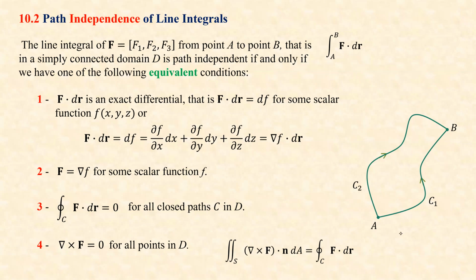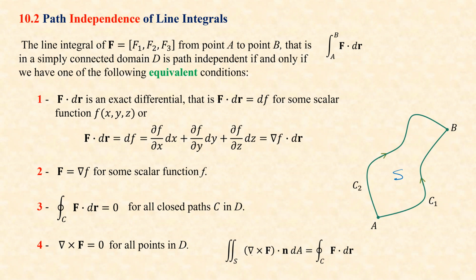It says that the integral of the normal component of the curl of f integrated over the surface S is the same as the line integral over the path that is the boundary of this S. This C is the boundary of S. If this is S, then this C that goes around is the boundary of S. So this is the Stokes theorem.